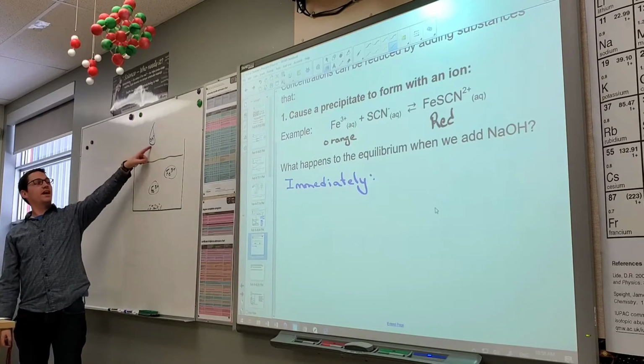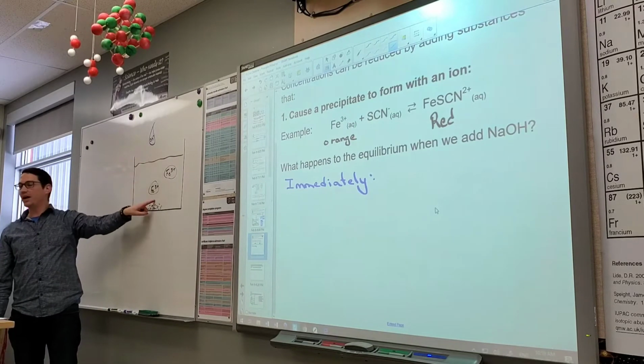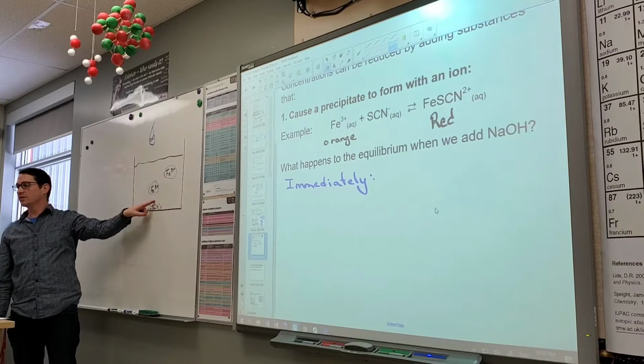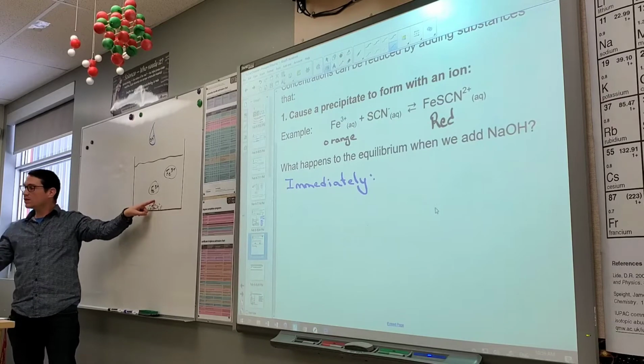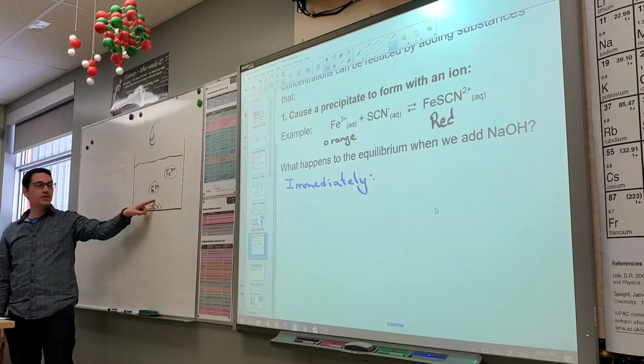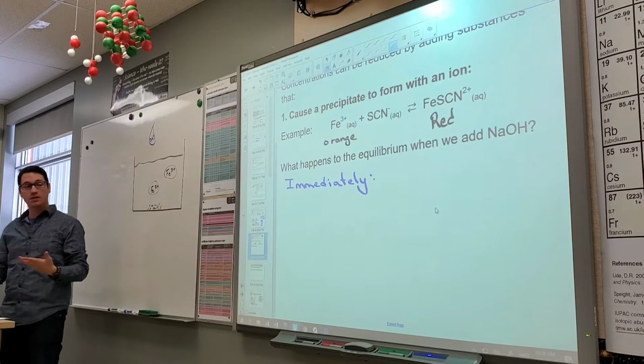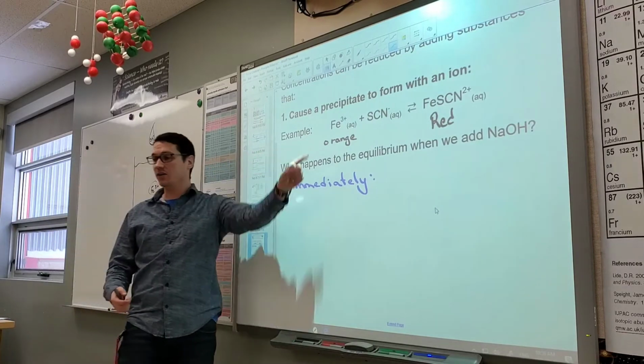What was the first thing that happened when we added the hydroxide to the iron 3+ ions? We formed a precipitate, right? So what did that do? Did forming a precipitate increase or decrease one of these concentrations? It decreased. What did it decrease? It decreased the iron concentration.